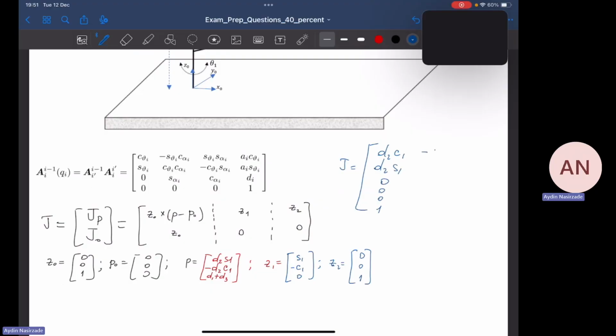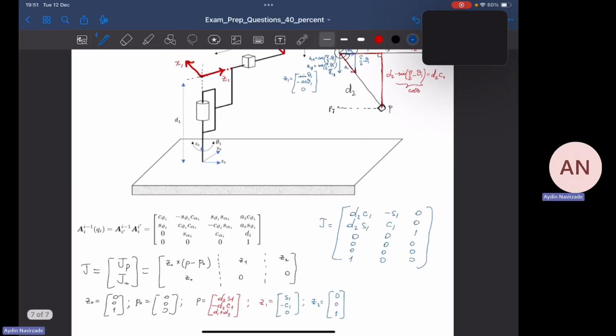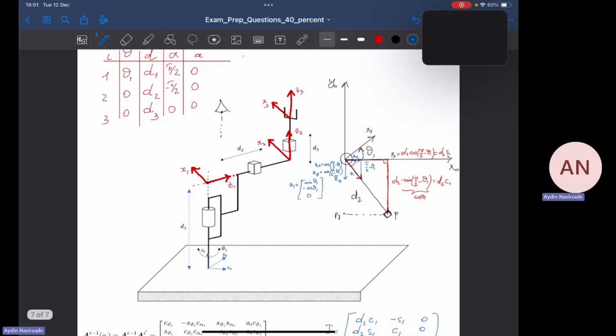What else? Minus S1, C1, 0 and 0, 0, 0. What is Z2? 0, 0, 1 and 0, 0, 0. Now this is the Jacobian matrix for this manipulator.